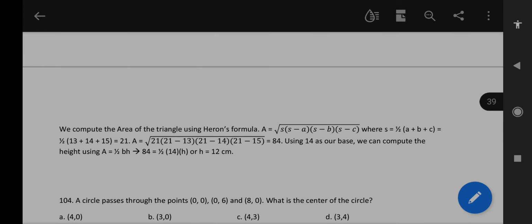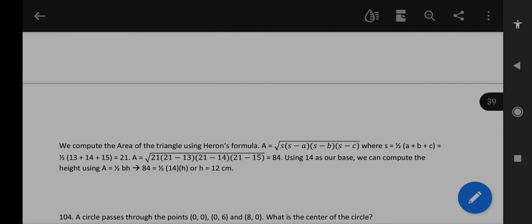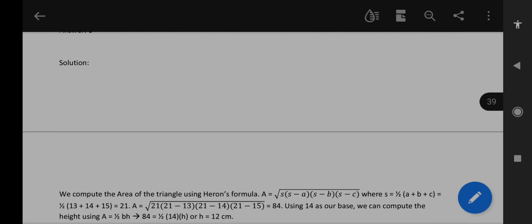Yung 14 na base natin, kukompute natin siya, yung height using area is equals to 1/2 base times height is equals to 84. Therefore, mangyari dyan, di ba, yung area mo na 84 is 1/2 times 14 times height, or yung h mo is 12 centimeters.